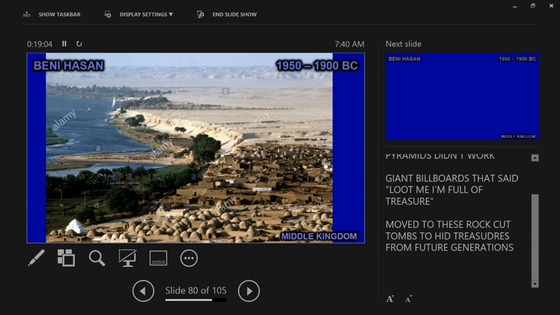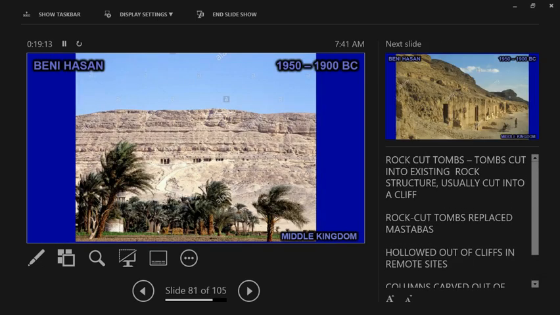Can you find the tomb in this photo? Yeah, it's a trick question. I don't expect you to find the tomb. But if you look at the cliff of the rock, you see these little openings right here and here. So these are rock cut tombs, tombs cut into the existing rock structure, usually cut into a cliff.